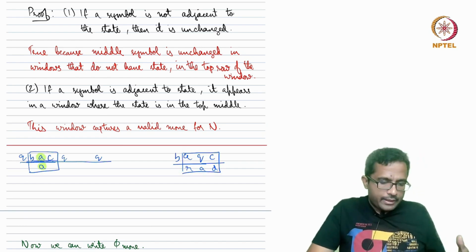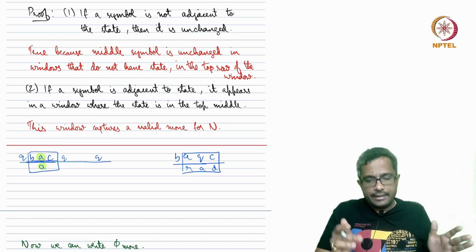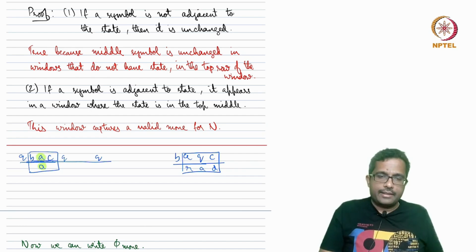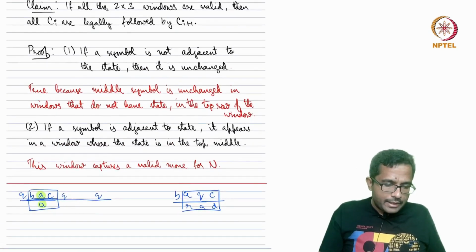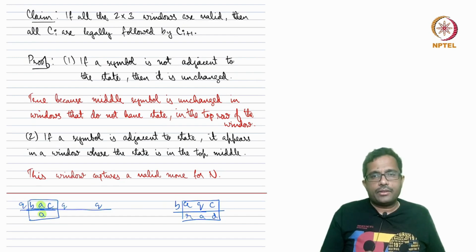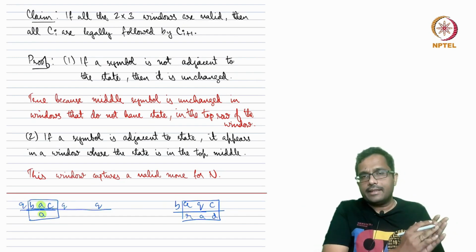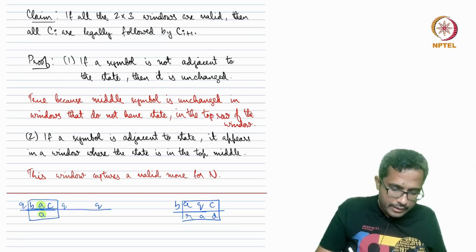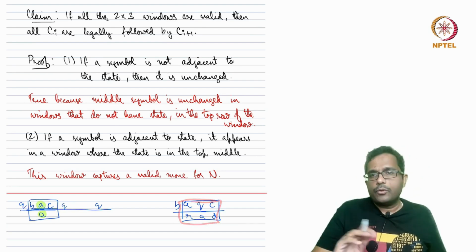Hence, whatever changes happen are only near the state, and that is captured. And whatever is not near the state is unchanged because of the first part. So that completes the proof of the claim. Anything that is away from the state is left untouched, and anything that is near the state is captured by the window in which the move is captured correctly.